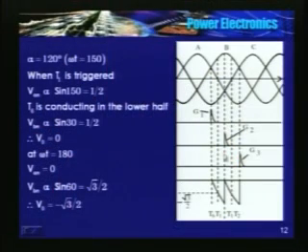So at this point T2 is triggered. Now the moment T2 is triggered, output voltage is VAN minus VCN.